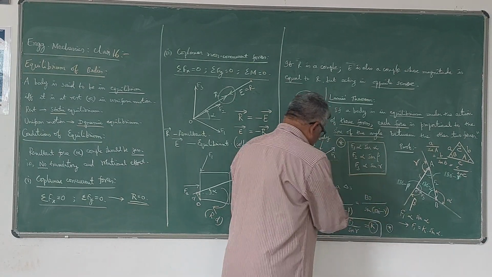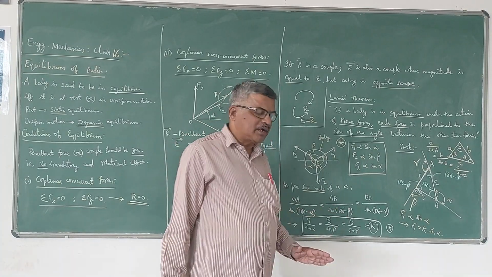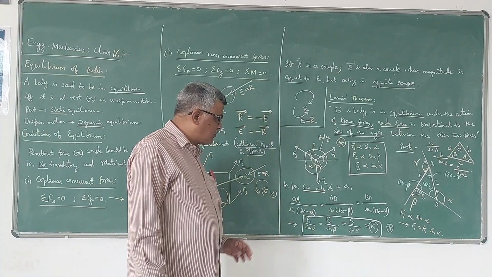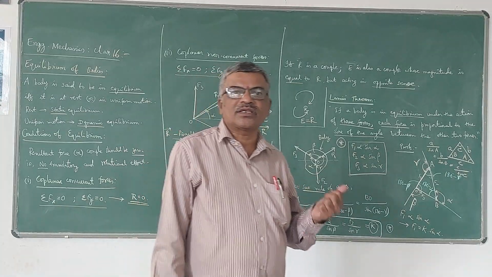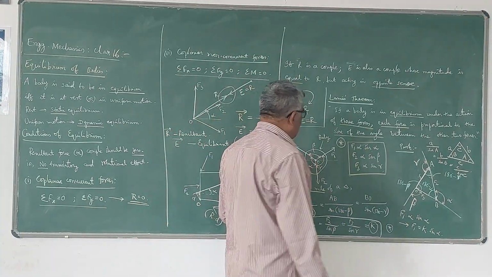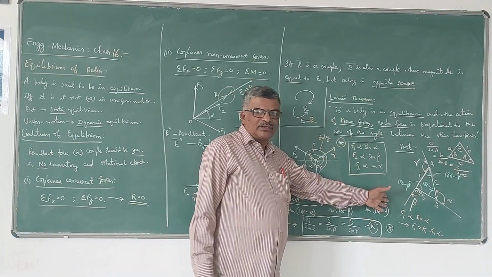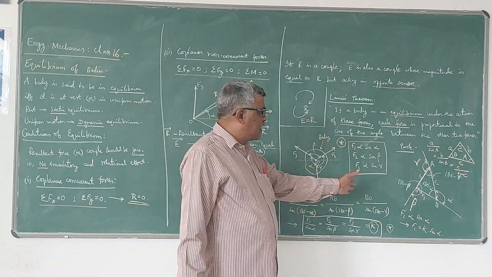So then you can write in this fashion: F1 by sin alpha is equal to F2 by sin beta is equal to F3 by sin gamma is equal to k. So this is called Lami's theorem. So 'state and prove Lami's theorem' is asked. You have to write the statement, and the proof is very simple. Only 3-4 stages, and you will get the proof.